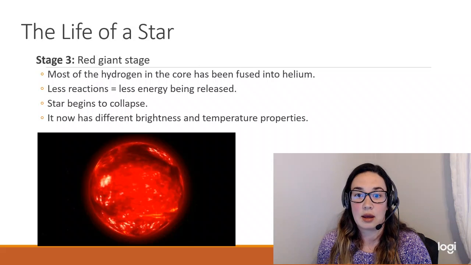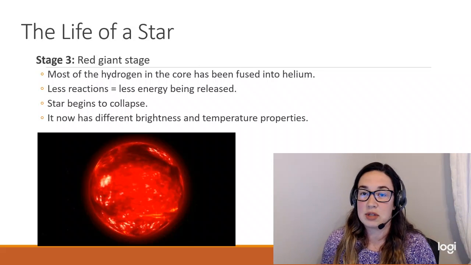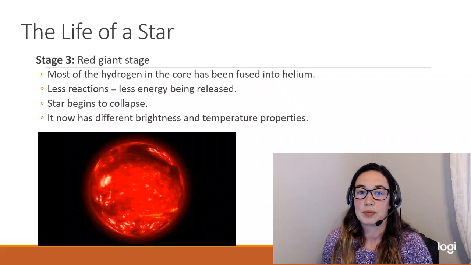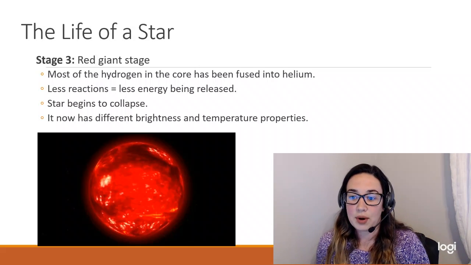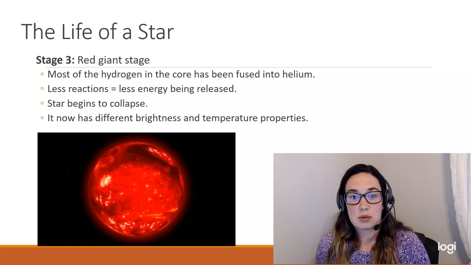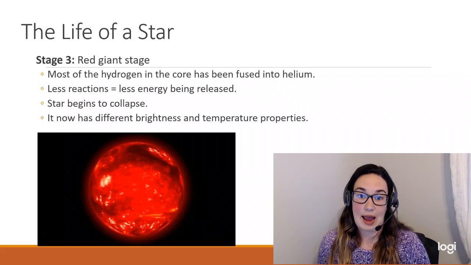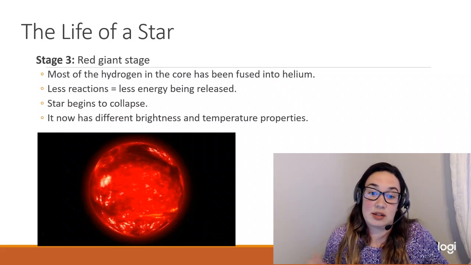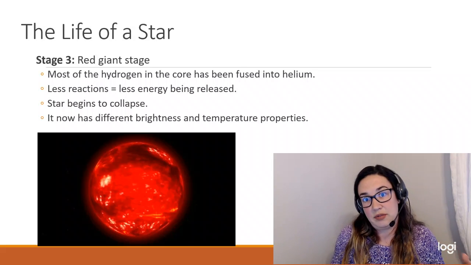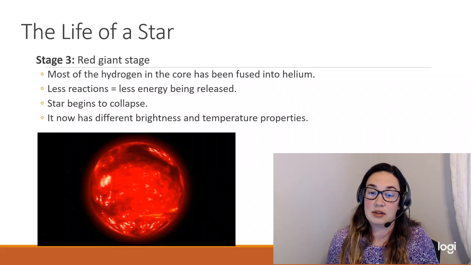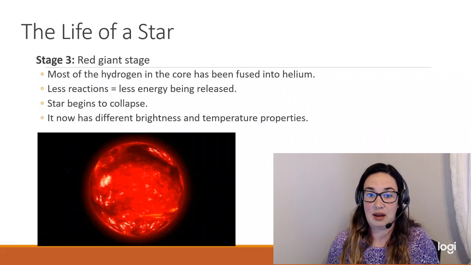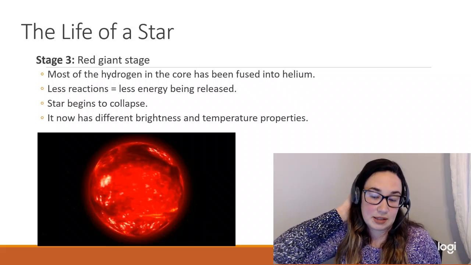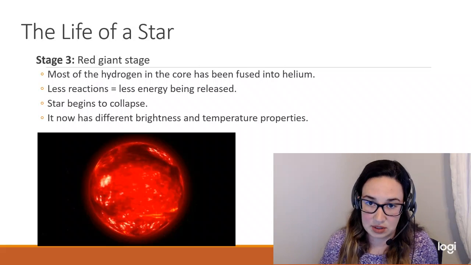They can't be fusing into helium because most of them have already been fused. And it's at this point where the star begins to collapse. So this is where there are now different brightness and temperature properties. And so now we have this red giant. Okay, so the star is starting to collapse.